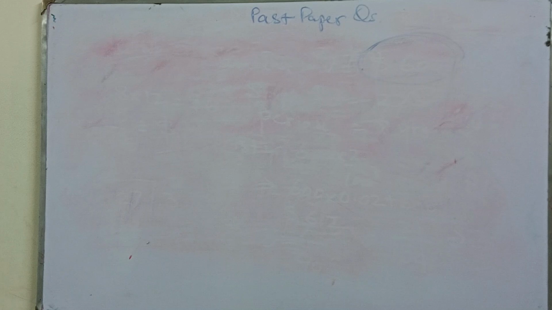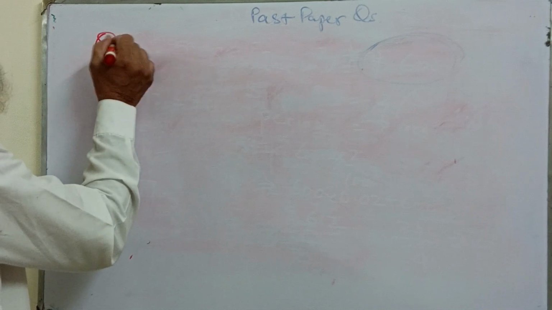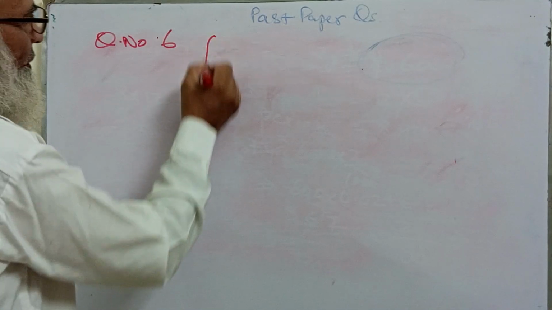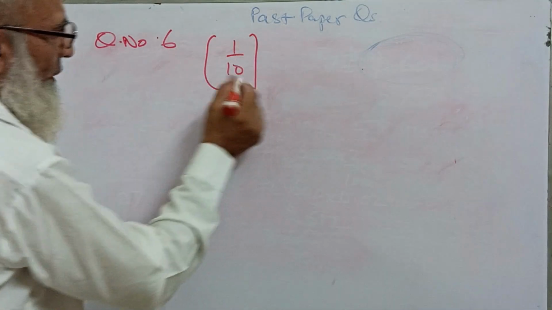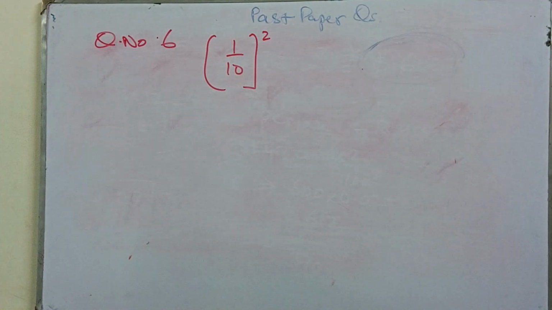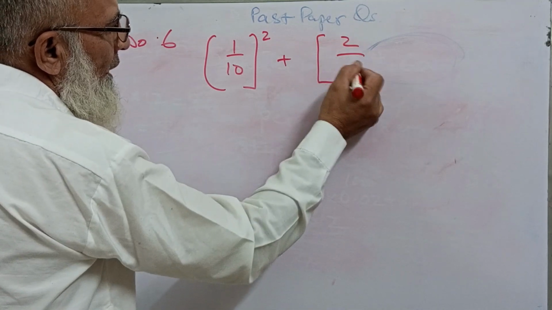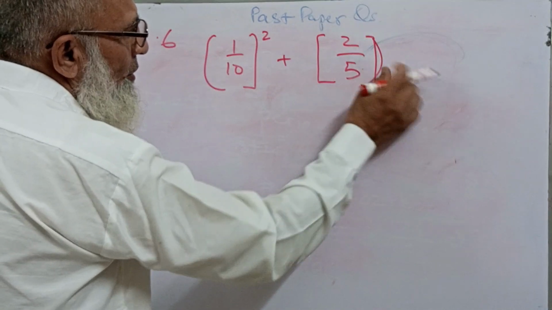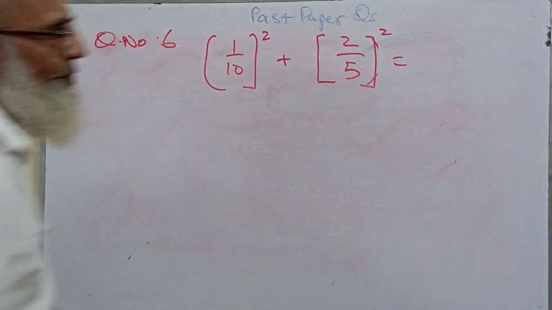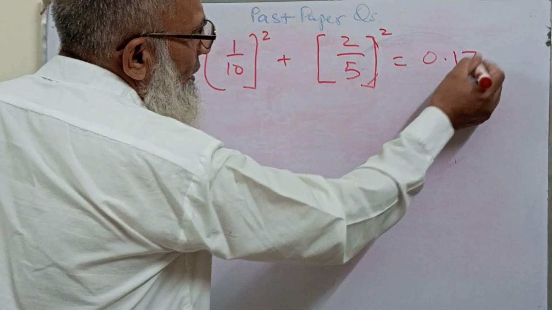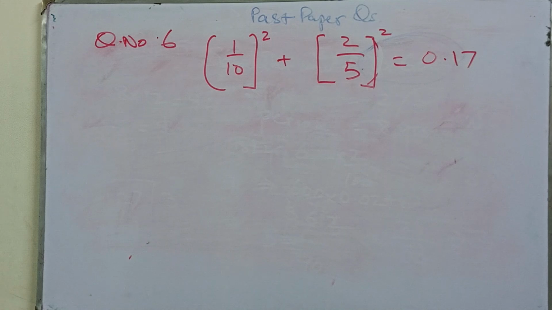My dear students, show that (1/10)² + (2/5)² + (2/5)² is equal to 1.17. Everything is given here. The question says, write down all the steps in your working, show that.